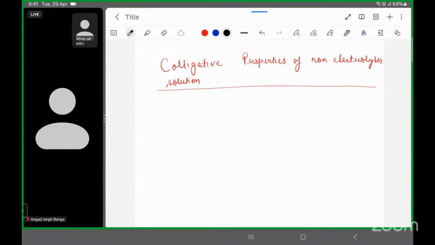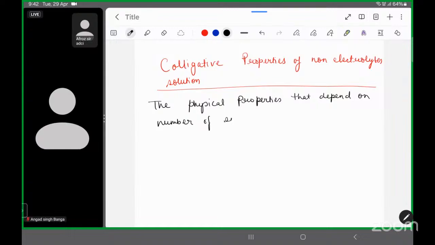The colligative properties are those physical properties that depend on the number of solute particles and not on their nature.